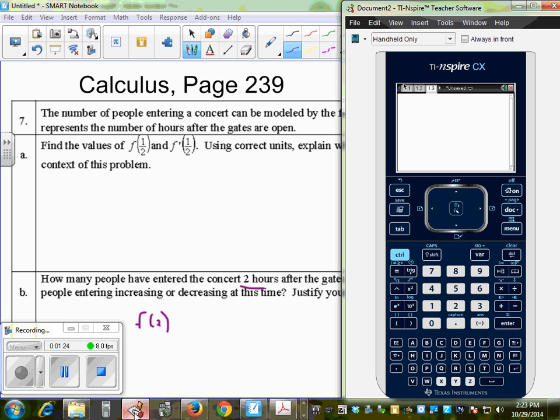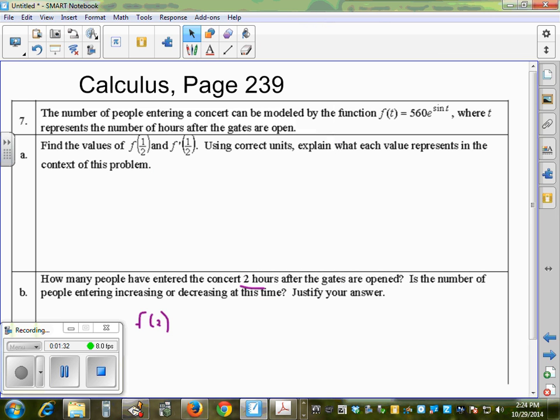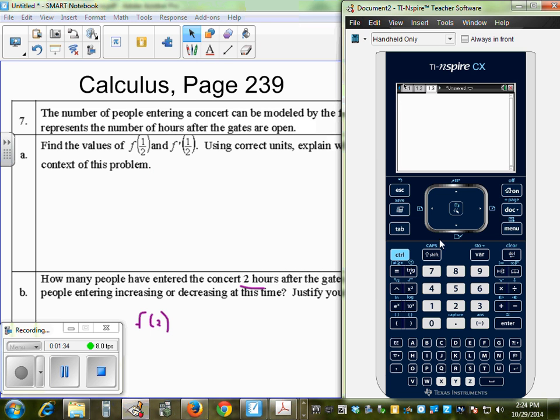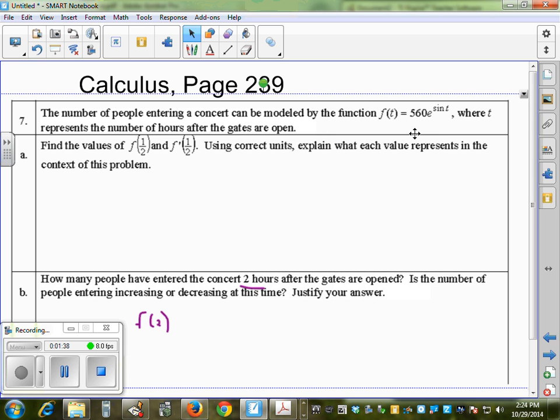One of the things on the AP is we need to learn to use our calculator quickly. So rather than type this formula and plug in half and then go back and change it to 2, although I can do that, I can also use something called store. Let me show you how that works.